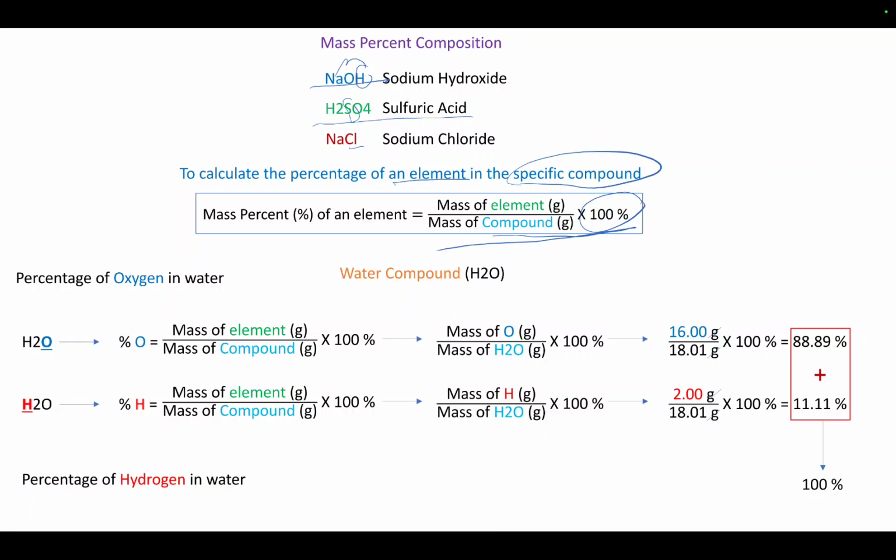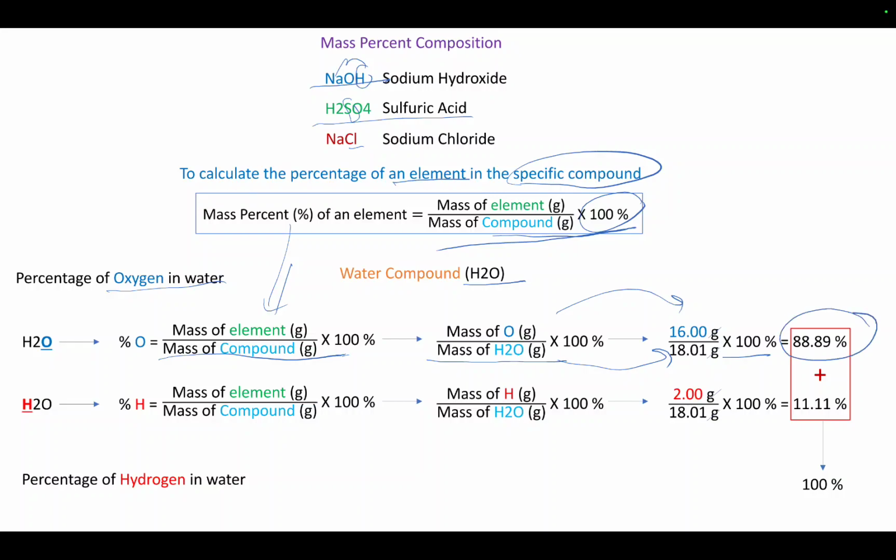Here we have just a small example, the water compound H2O. To find the percentage for oxygen in water, we write the law first: mass of element over mass of the compound, times 100%. So that means mass of oxygen over mass of H2O, 16 over 18, times 100% gives us 88.89%.